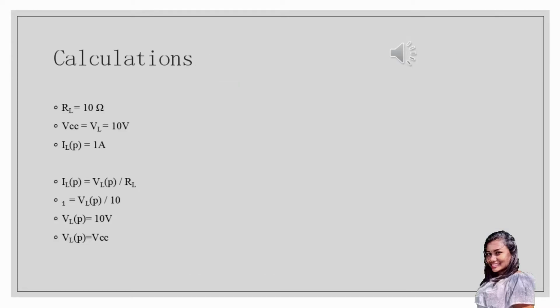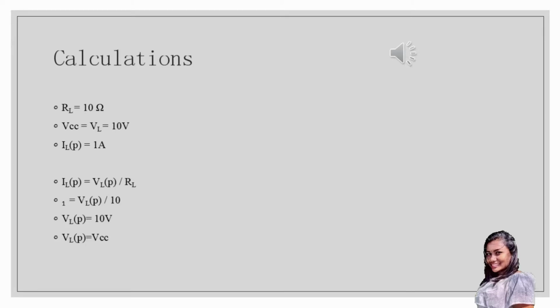Now let's move to the calculation of this question. In this question, we have to find the power and efficiency of the circuit. Let's list down the important values of the elements. RL is equal to 10 ohms, VCC is equal to VL because this is the maximum efficiency circuit. VL is equal to 10 volts and IL is counted in peak, so the value is 1 ampere.